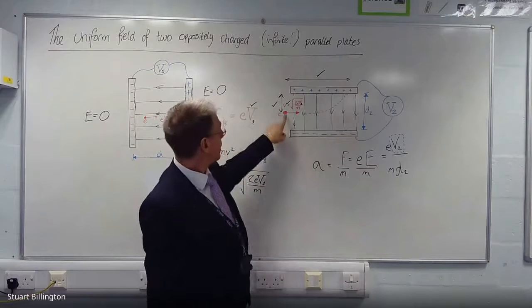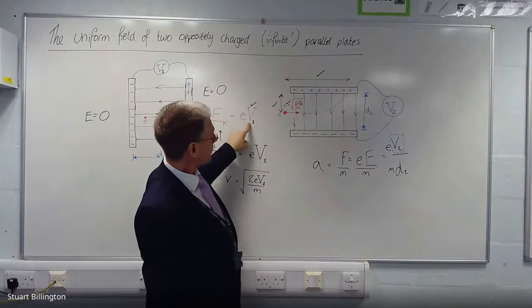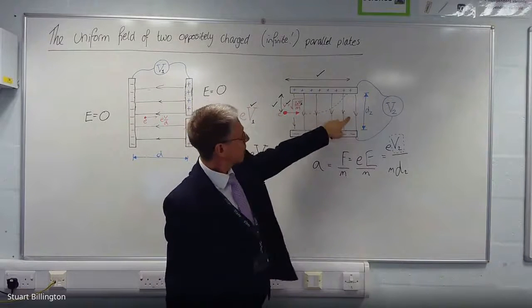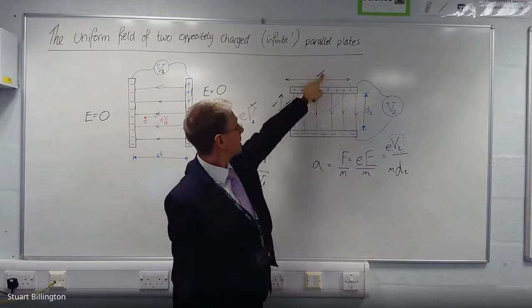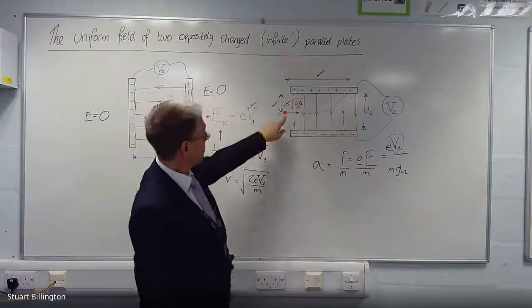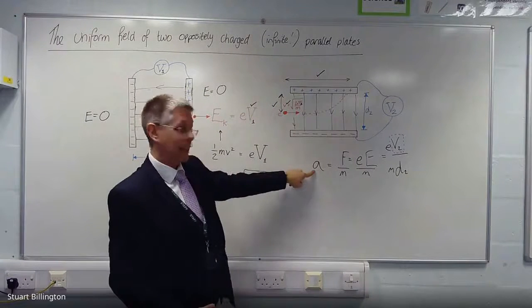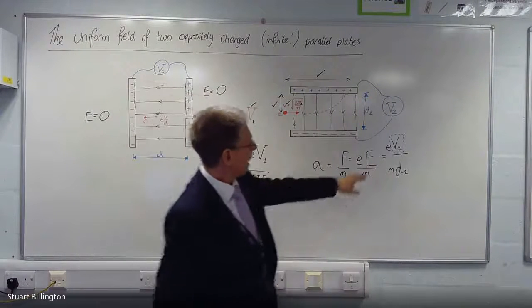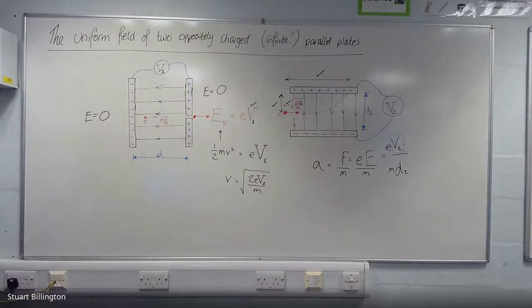So by giving you the initial speed from this, you can work out how far you go along during the time of flight. And given that you'll have the distance and you'll have the speed, you can work out the time of flight. And then from the time of flight and the vertical distance and the acceleration, you'll be able to dig out V2. So let me show you the experiment. Let me show you the equipment.